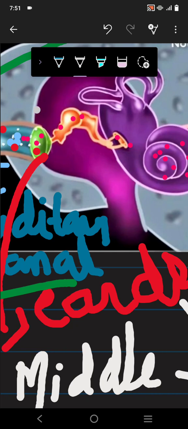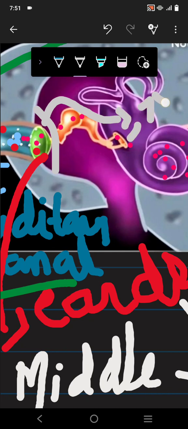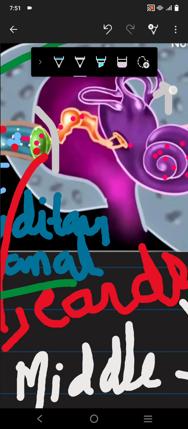When the force goes from a large area to a small area, the pressure will be increased. So here your sound pressure will be increased. The wave particles are traveling from the eardrum to these tiny ossicles.